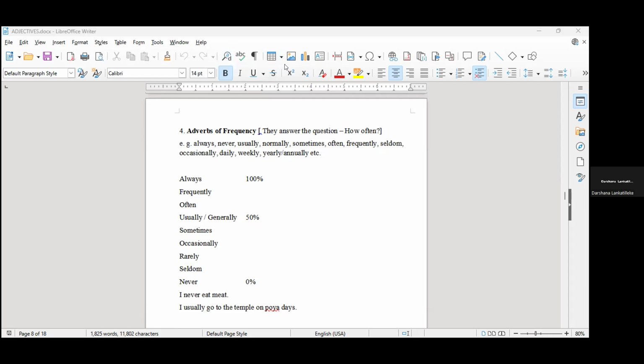So as a habit, I go to the temple on Poy days, not always. That means once a month, we can say. I usually get up early in the morning. So it's like that. Frequency adverbs show how often something is done.